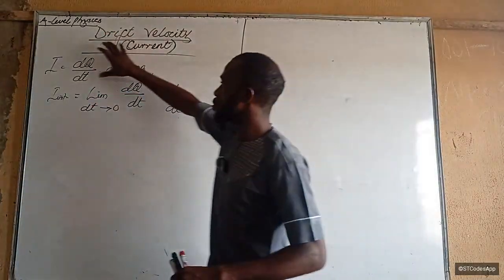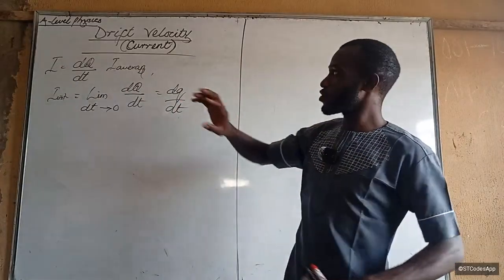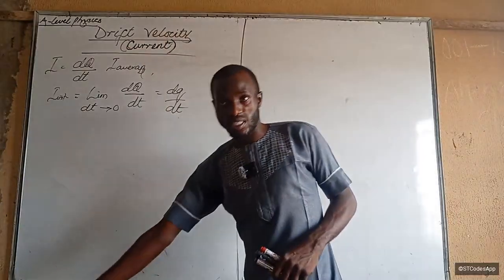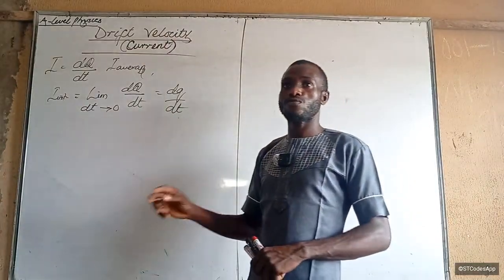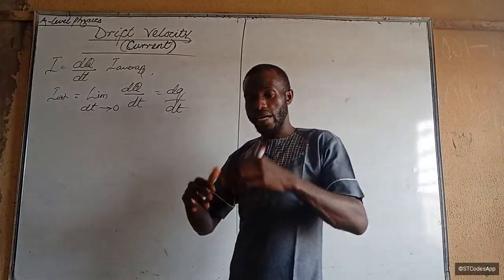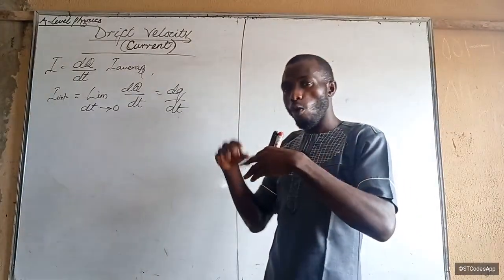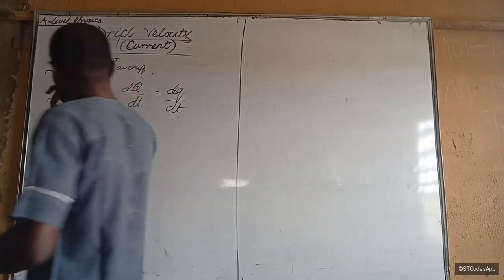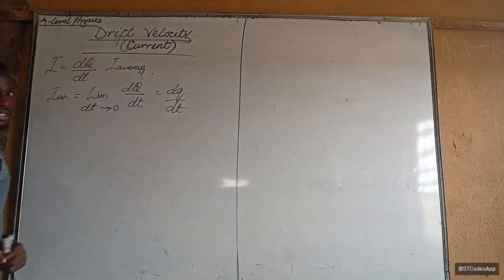But what I want to first do in this video is to teach you how to derive the expression for drift velocity, and at the end of the day, be able to derive Ohm's law from that expression. We already know what current is.